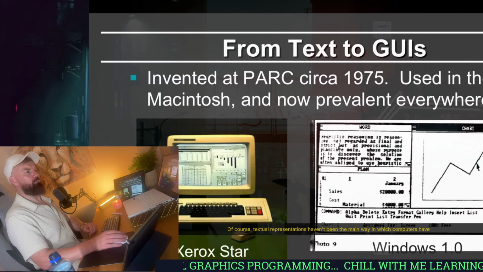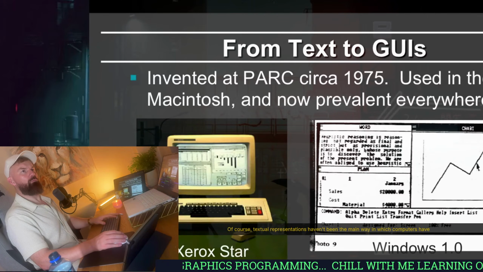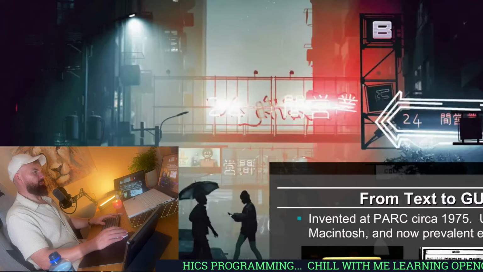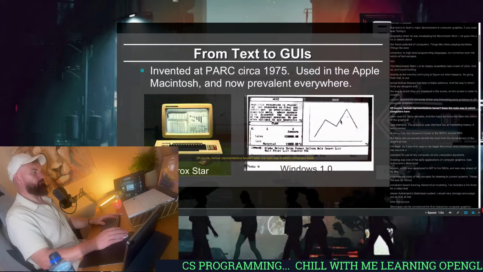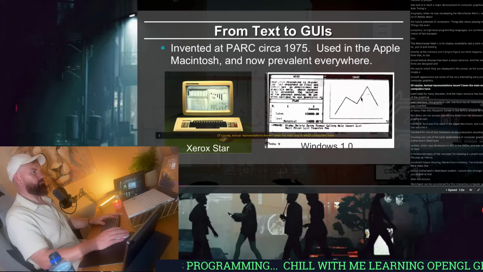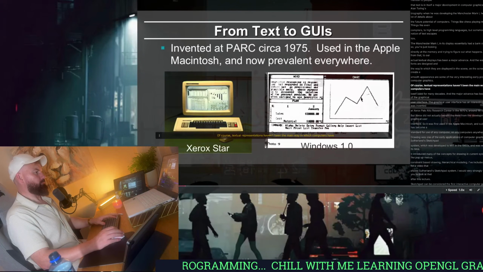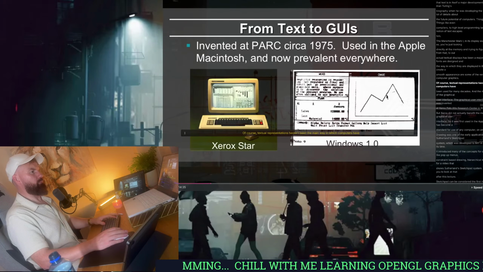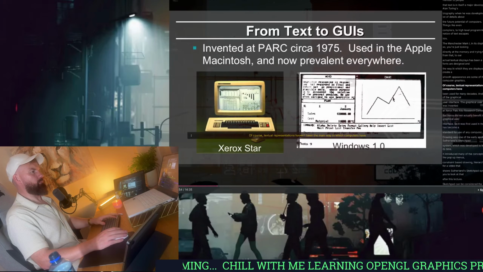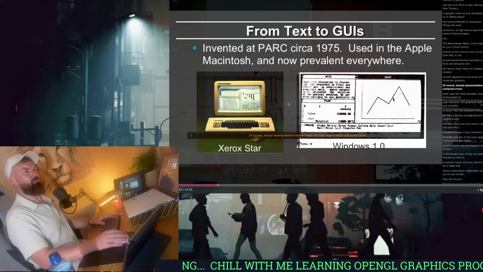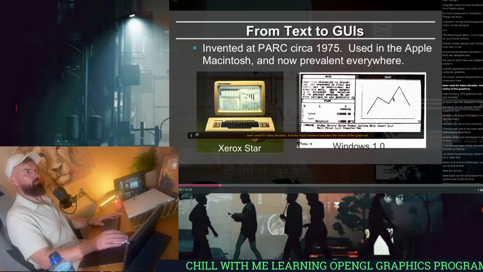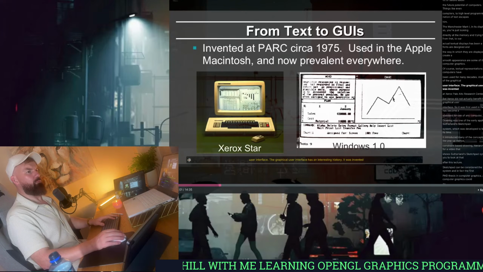Of course, textual representations haven't been the main way in which computers have been used for many decades, and the major advance has been the notion of the graphical user interface.